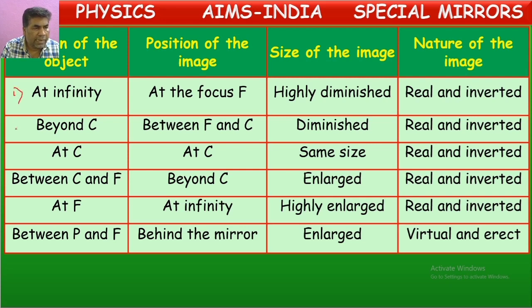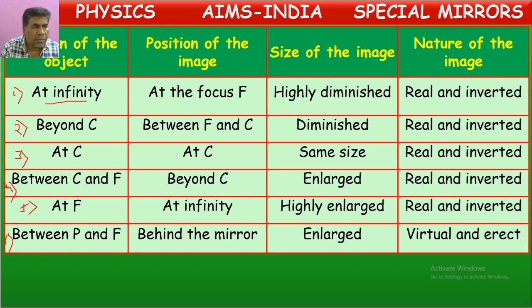First case at infinity, second case beyond C, third case at C, fourth case between C and F, fifth case at F, which means at focus, sixth case between pole and focus. Like this, we are making the object come closer to the mirror through these six cases.